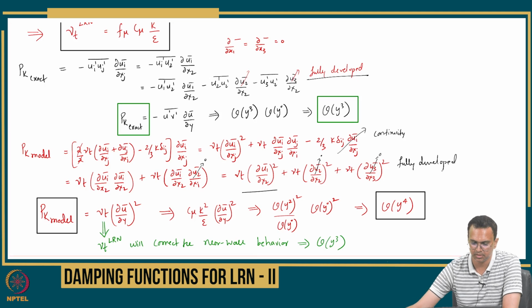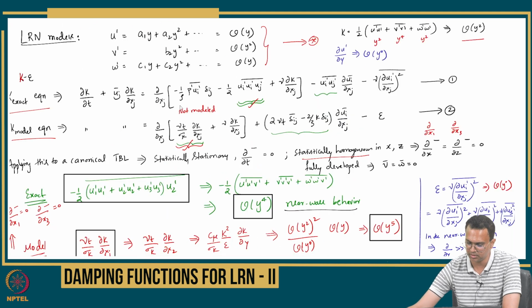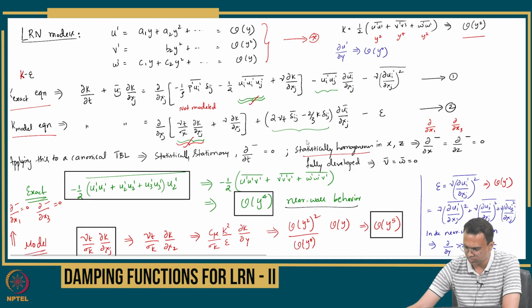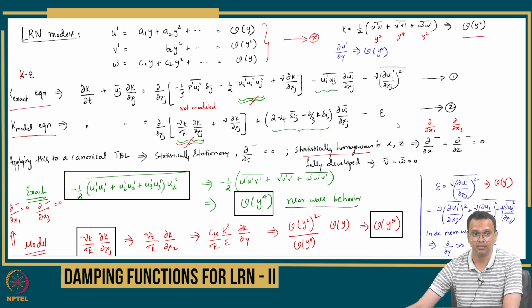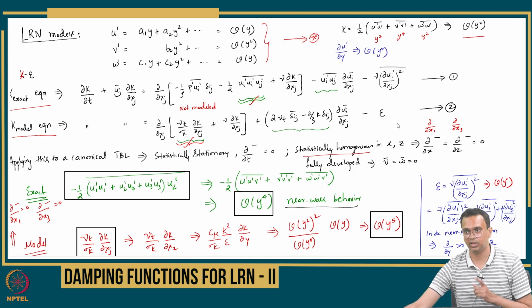If I compare equations 1 and 2, these two are the only model terms, the rest are all similar. Epsilon is the exact expression; we have just solved a transport equation for it, we did not model that. So nu t LRN will give you the correct near wall behavior. So in a Low-Reynolds number model, use a damping function, and you also need to use the correct mesh guidelines.